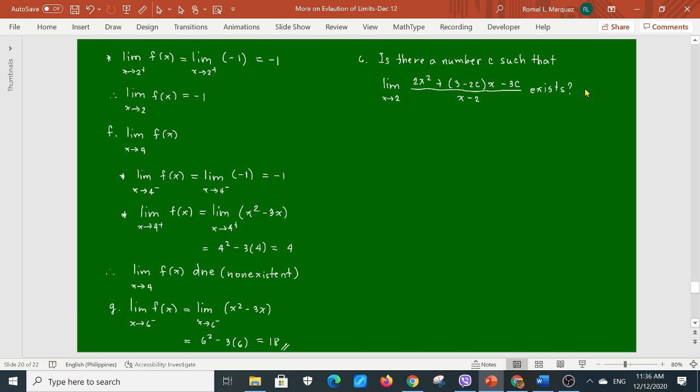If so, find the value of c. Meaning if there is a c, find the value of c, and the value of the limit.